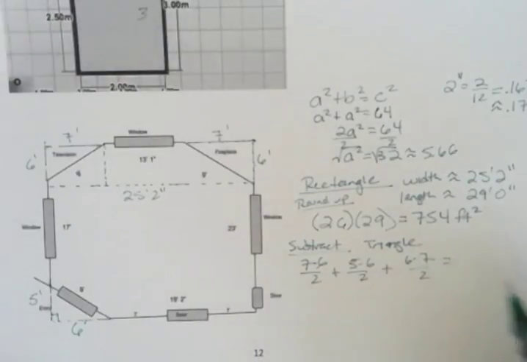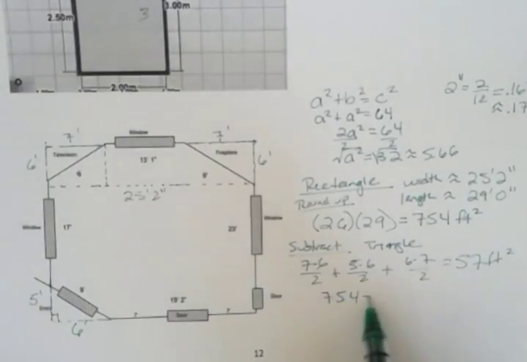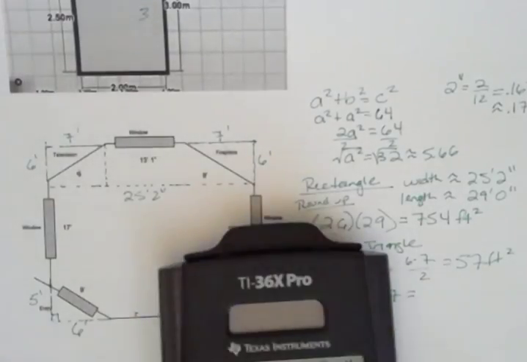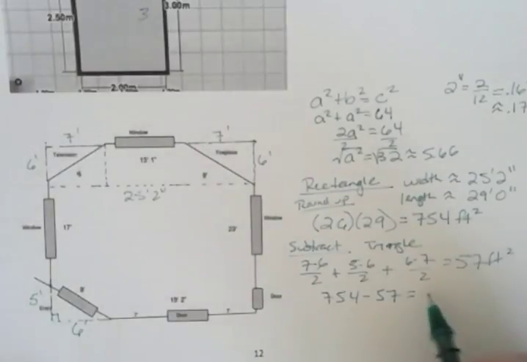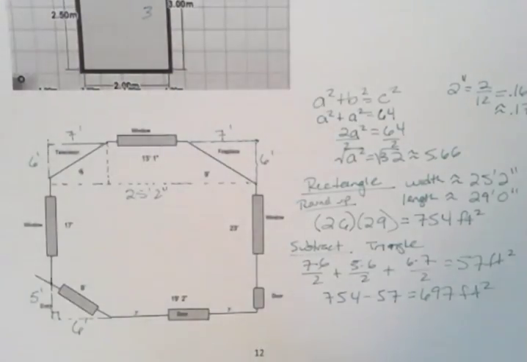And when I divide those out and add those up, that gives me 57 square feet. Now if I have 754 and I subtract 57, I say my area is about 697 square feet.